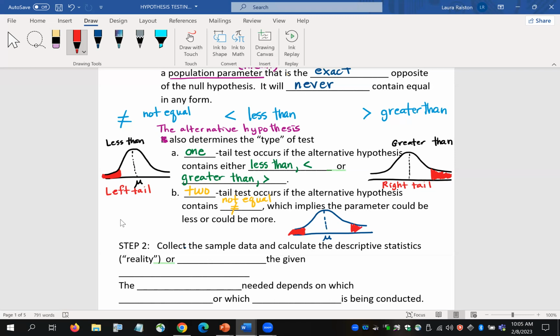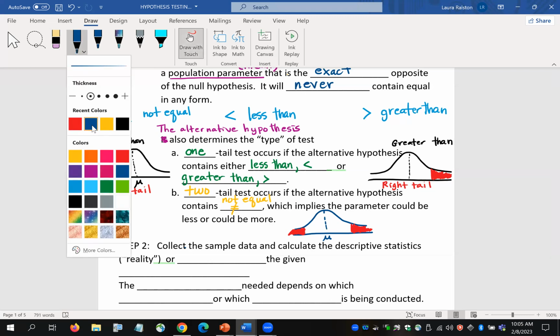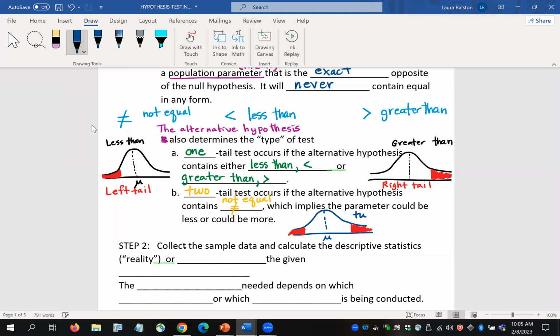It's just not the same or not equal. So with this particular picture, there are two regions, hence the word two-tail. So this would be a two-tail test. And you have to be able to identify which type of test you have in order for Minitab to correctly perform the calculations. You make that determination by looking at the symbol in the alternative hypothesis.